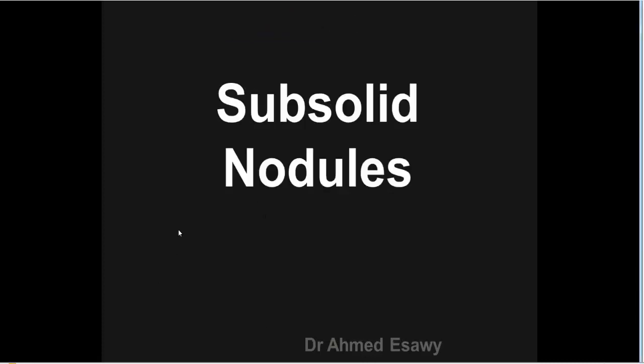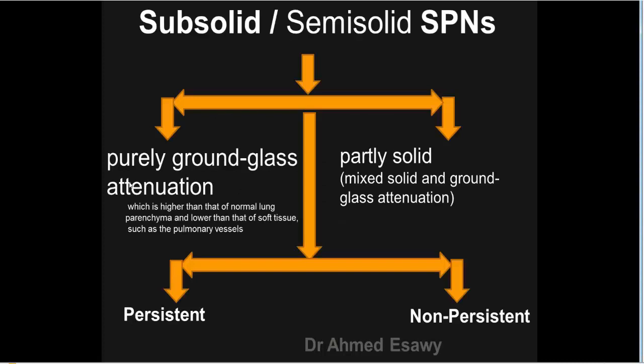Subsolid nodules are divided into purely ground glass attenuation or partly solid. Purely ground glass attenuation is higher than that of normal lung parenchyma and lower than that of soft tissue such as pulmonary vessels, or partly solid, mixed solid and ground glass attenuation.